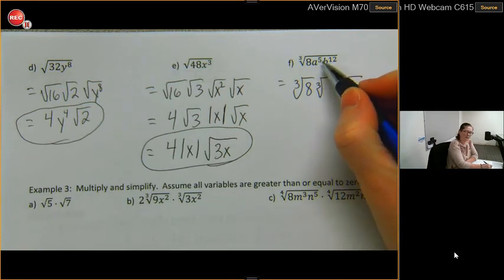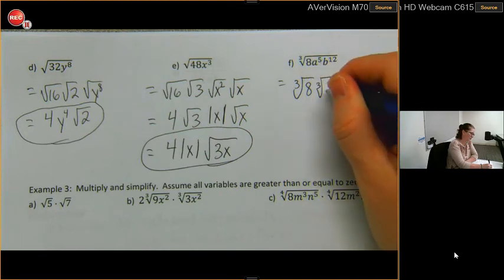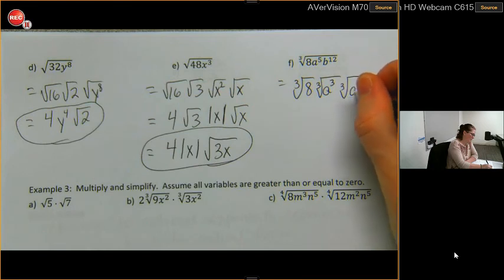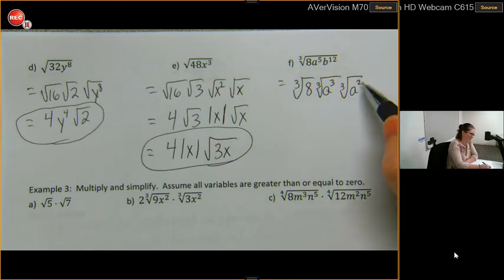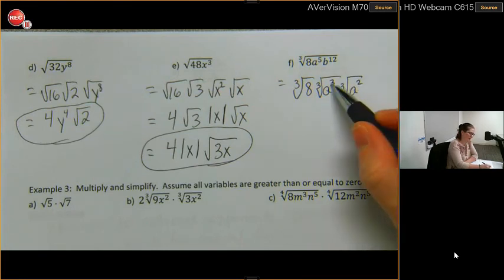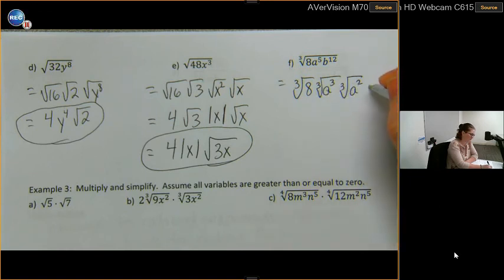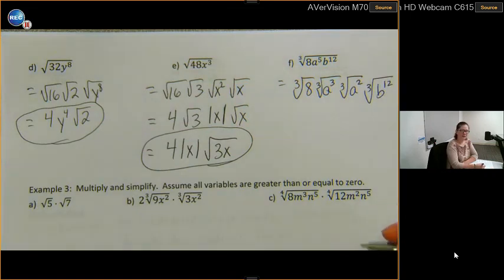Working my way down from 5, the first number that divides by 3 is 3 itself, which means there are 2 more a's to put over here. So together they make a to the 5th. But what I have is one group that will divide evenly with its exponent and index, and the other group that won't. And then 12 does divide evenly by 3, so I don't have to do anything with the b's.